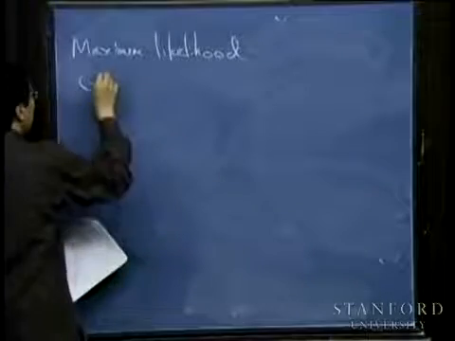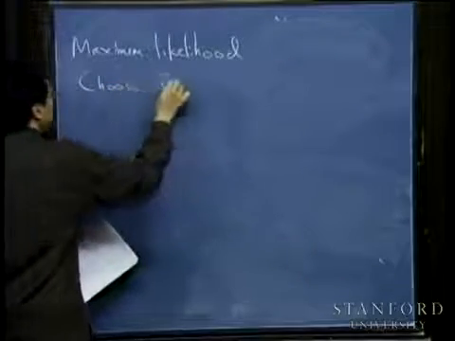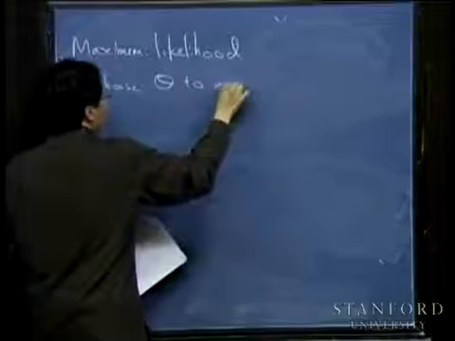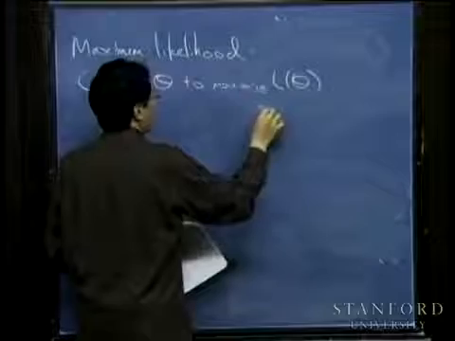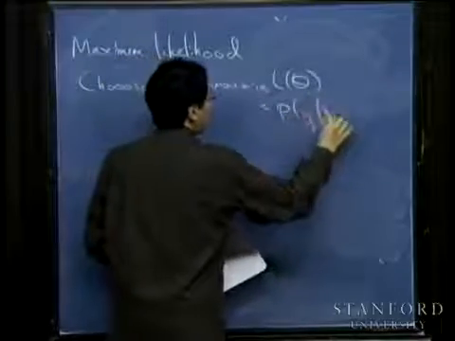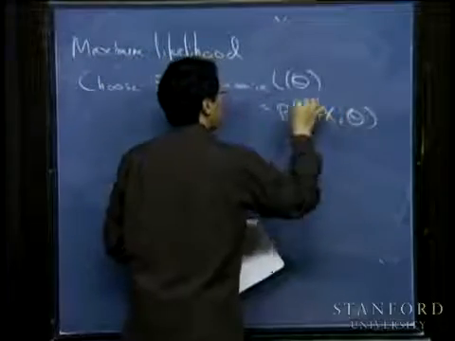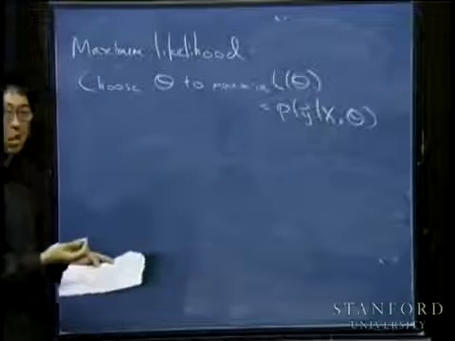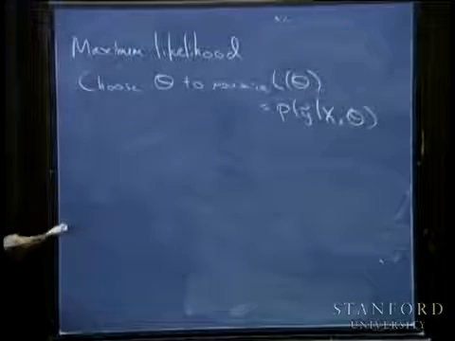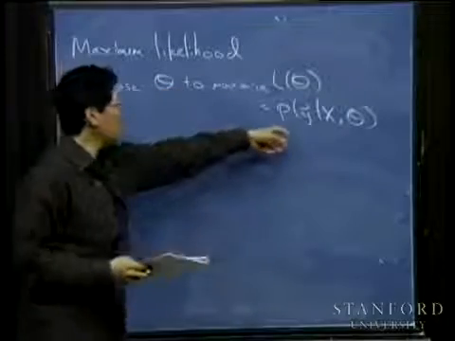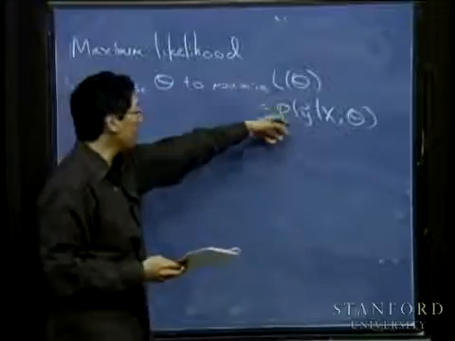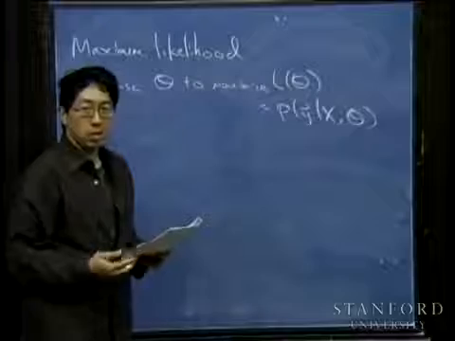So choose theta to maximize the likelihood. Or in other words, choose the parameters that make the data as probable as possible. This is maximum likelihood estimation from statistics. It says choose the parameters that make it as likely as possible for me to have seen the data I just did.